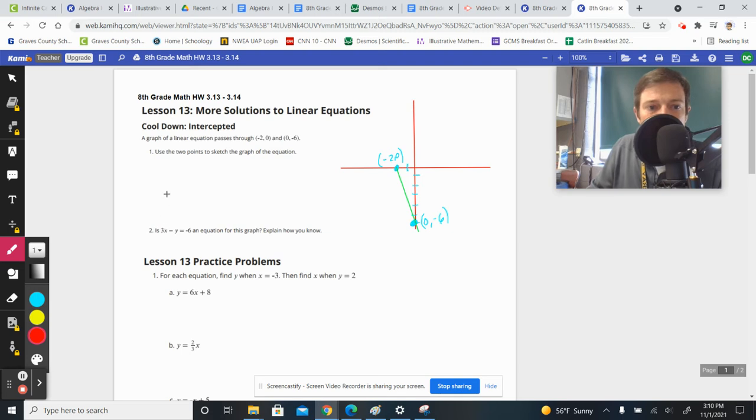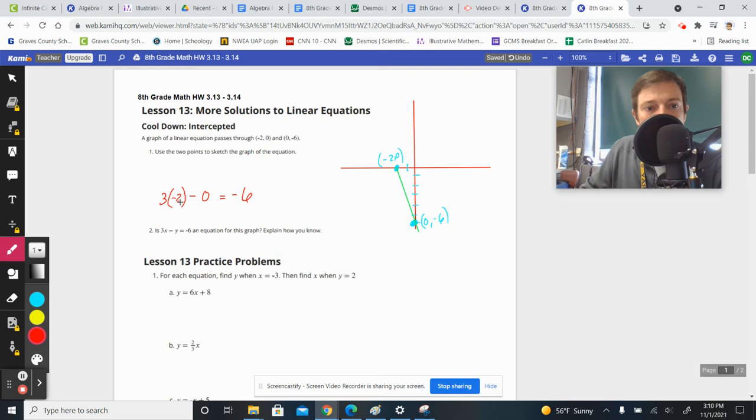So I'm going to replace the x in my equation with the -2, because it's in x's place. And I'm going to replace y with 0, because that's the y value for that ordered pair. And I want to test to see if that equals -6 when I work it out. If this is true, then I know it could possibly be the equation for that graph. If it's not, then it's a no-brainer that it's not the equation.